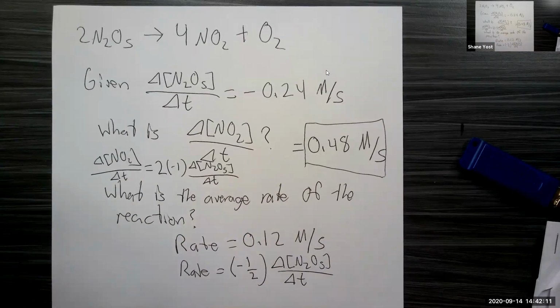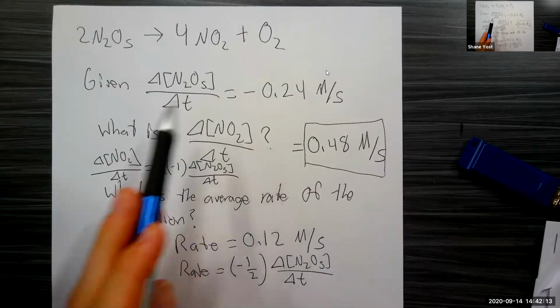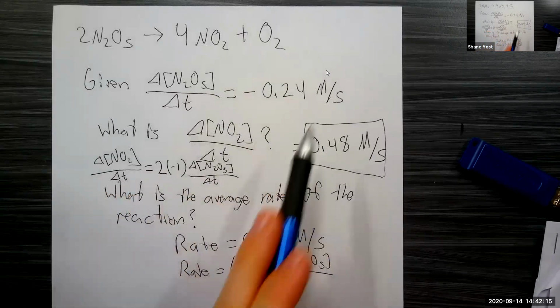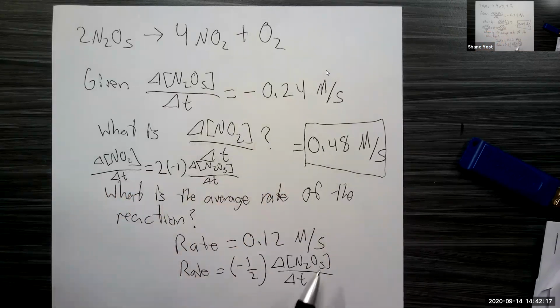So we multiply this change in concentration of N2O5 by -0.5, and get the rate of the reaction, which is 0.12 molars per second.